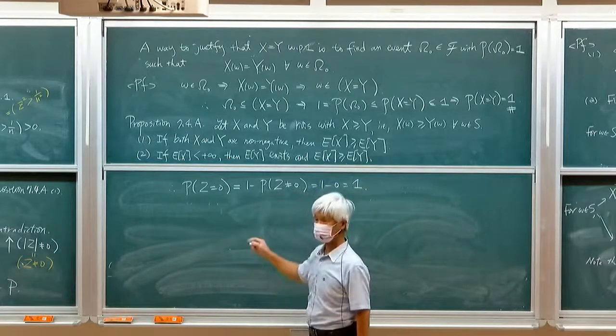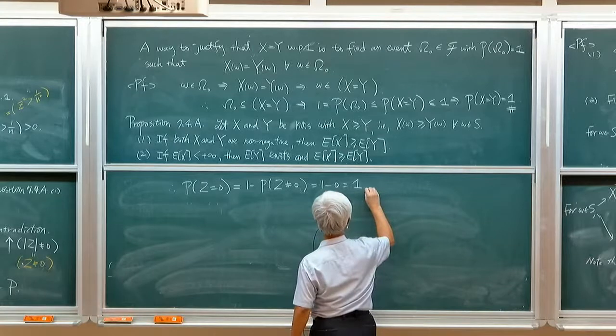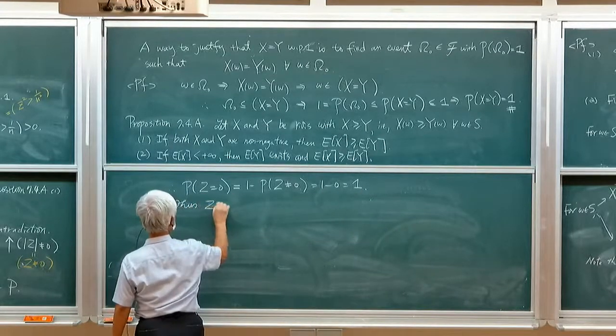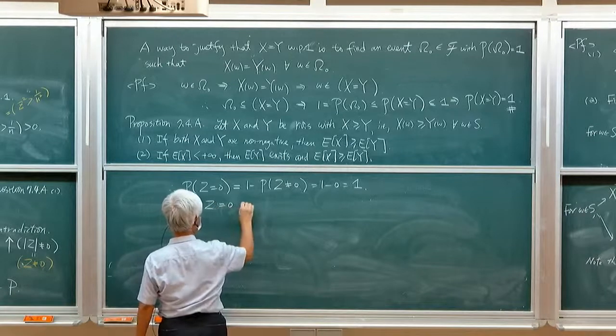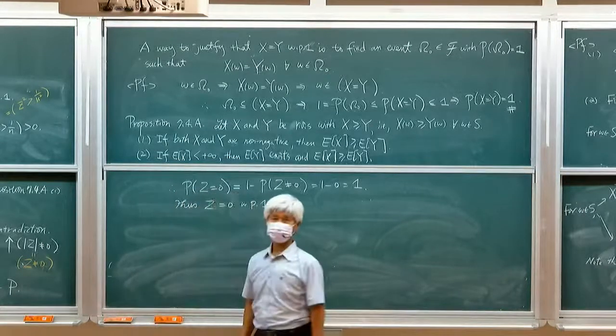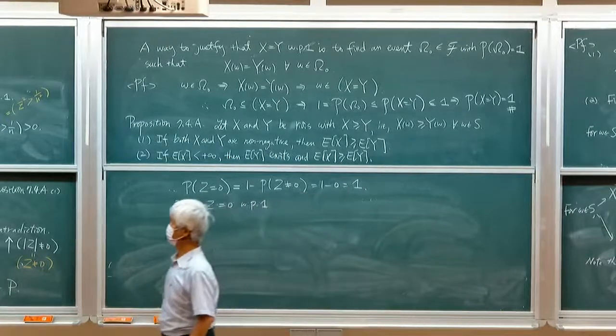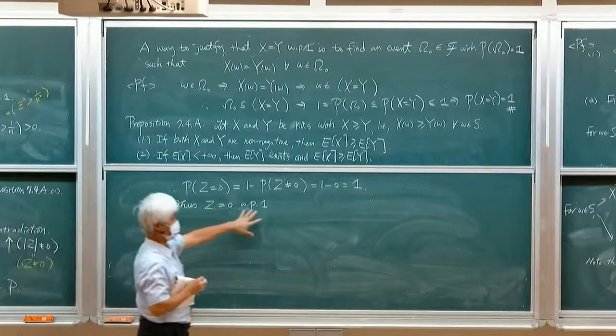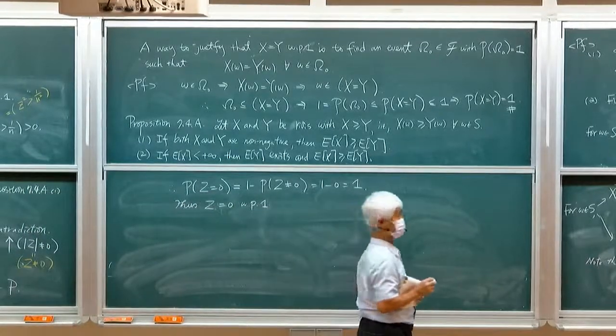Okay, so Z is equal to 0 with probability 1. All right, so we have shown that if the second moment of Z is 0, then Z is equal to 0 with probability 1. Okay.